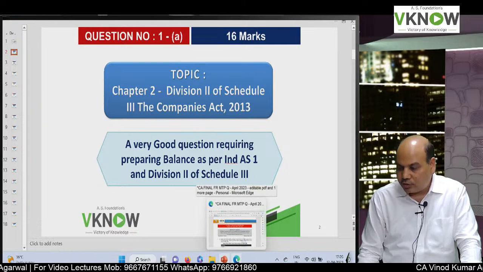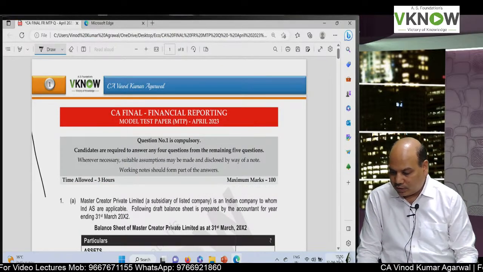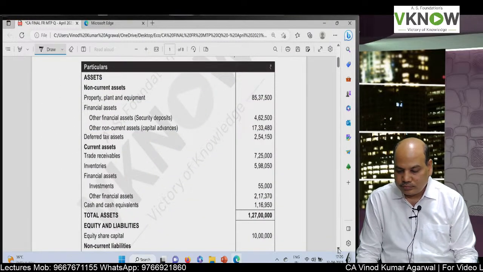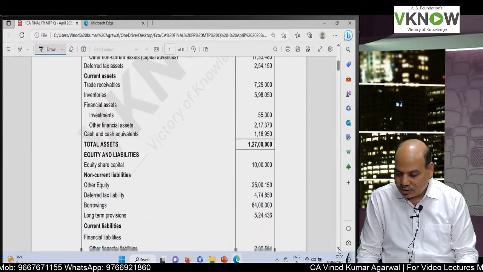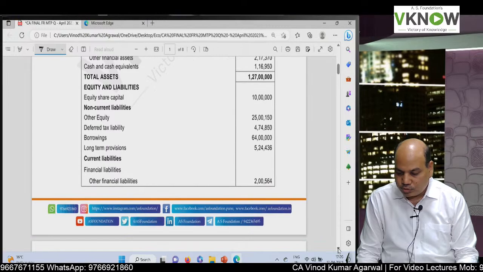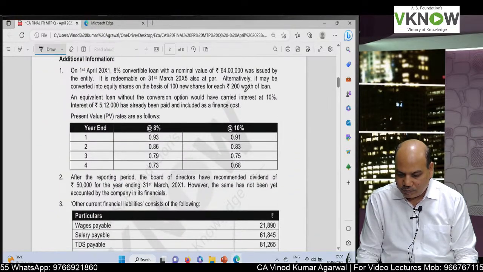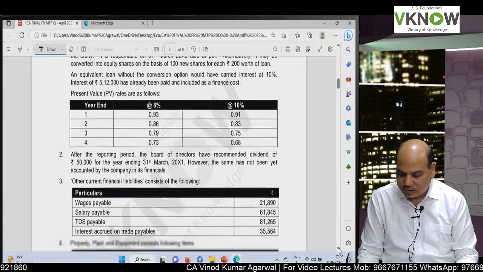This question was a very good question, which on the screen you will find it now. They have given you a balance sheet. This balance sheet had a lot of mistakes. So what you have to do, you have to redraft this balance sheet by rectifying all these mistakes. And then there are a lot of adjustments given. Adjustment on convertible debenture was given.